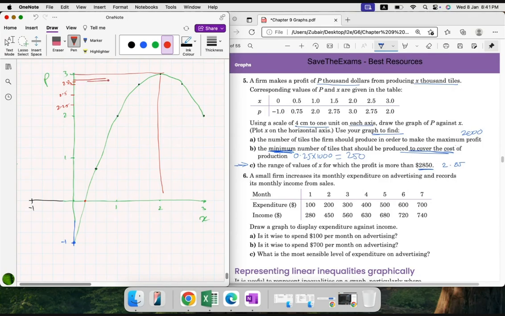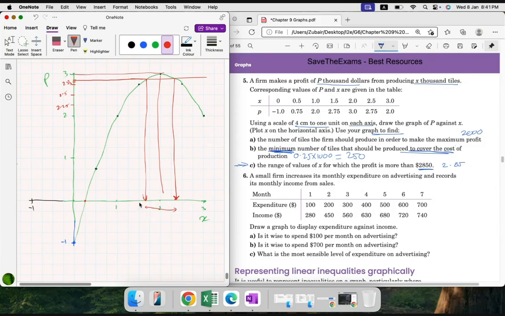So roughly, need to draw the horizontal line. Roughly at this point, so the range of x for which the profit is more than this. So we have these two values, 1 and 2. When the number of tiles are between these two values, profit is more than the given number.